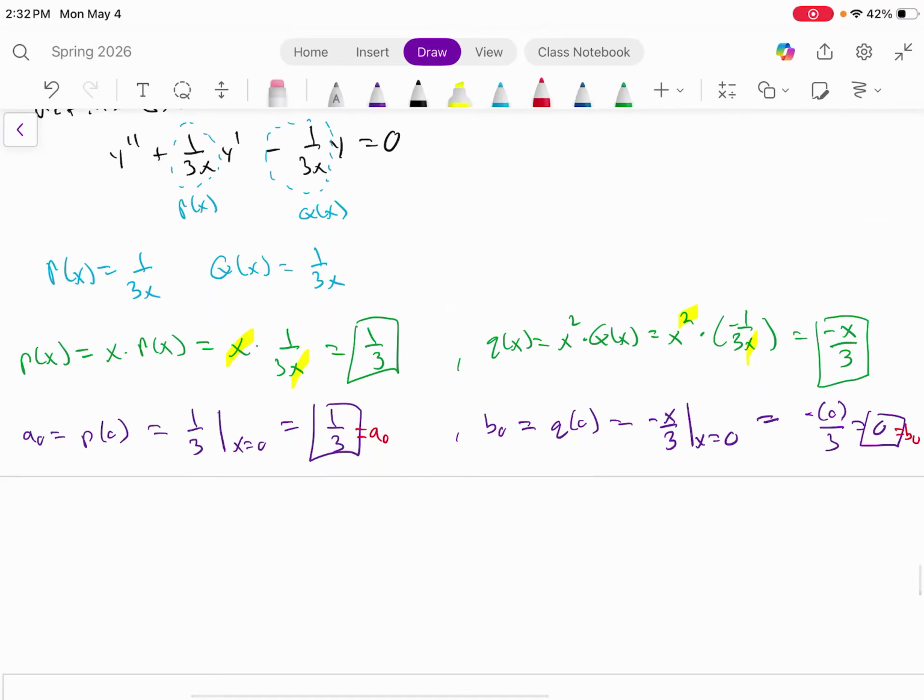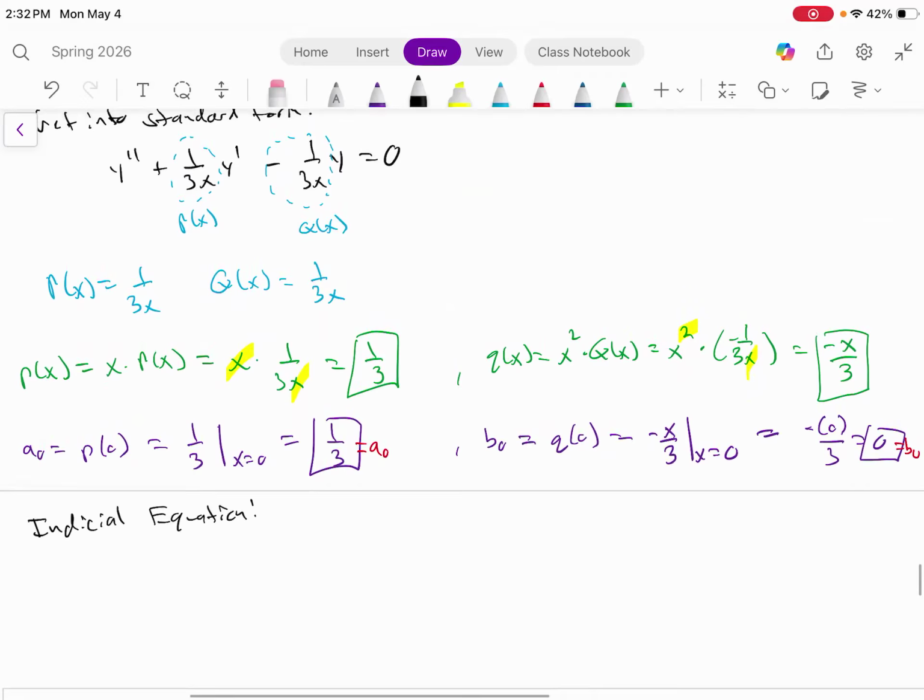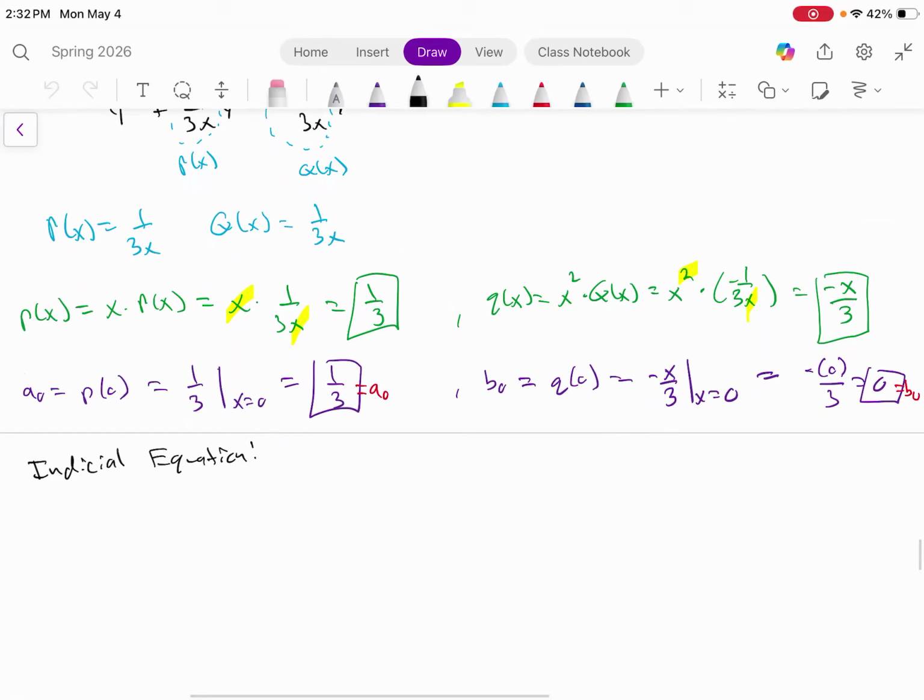So the initial equation is going to be r times r minus 1 plus a naught r plus b naught equals 0.